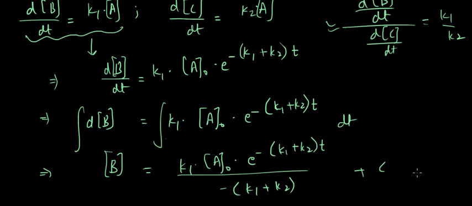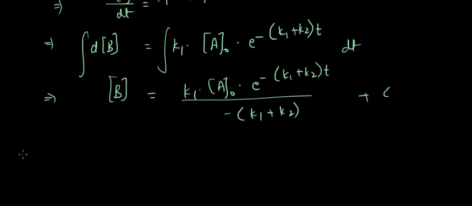K2, plus c. So from here we can write that when t equals 0, then Bt is equal to 0. Okay, so this is Bt. So just putting this value in this equation to get the value of c.